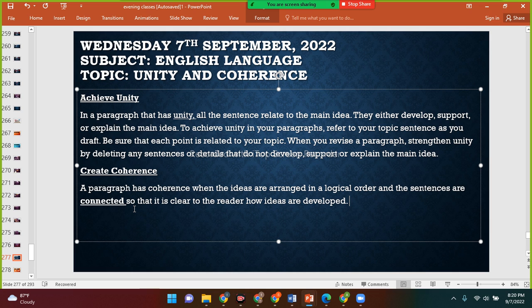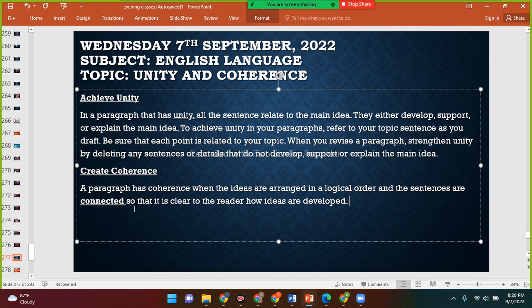Each sentence must have a connecting link, and that connecting link is a word. Whatever word you use in one sentence, I must see that word or that idea in the next sentence so that all of your sentences are connected. That's what we mean by coherence. Coherence means that each sentence is connected together with the same idea, and that protects you against running off on a tangent.